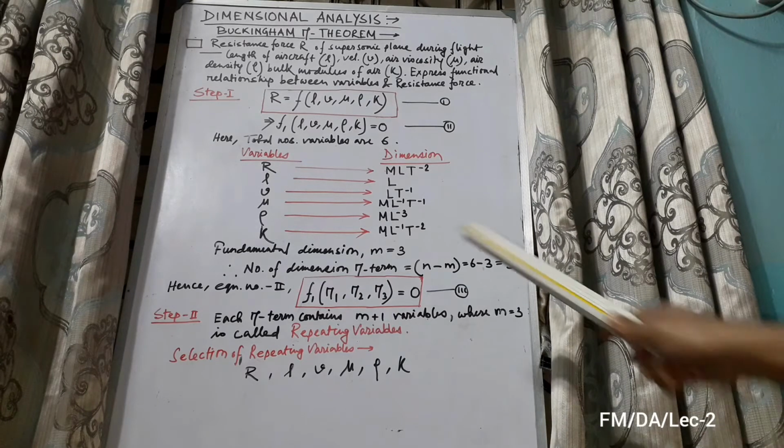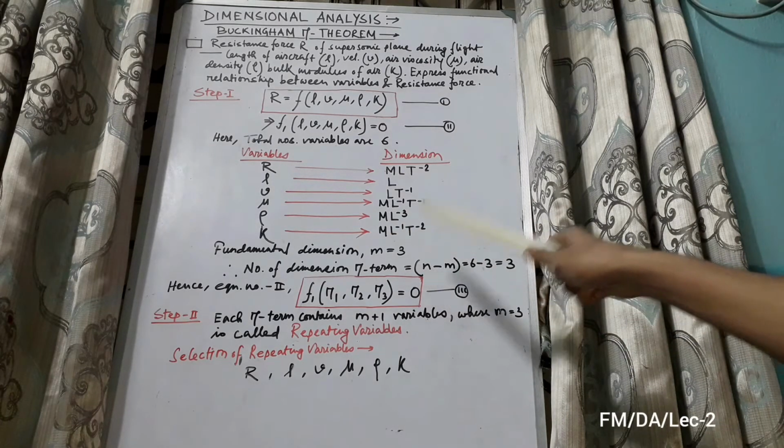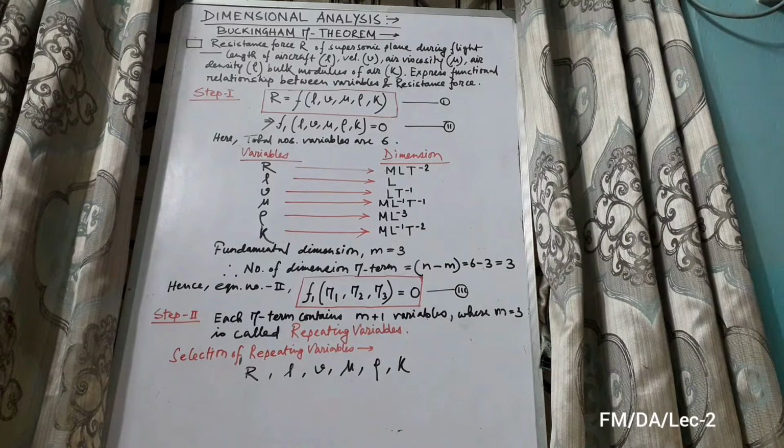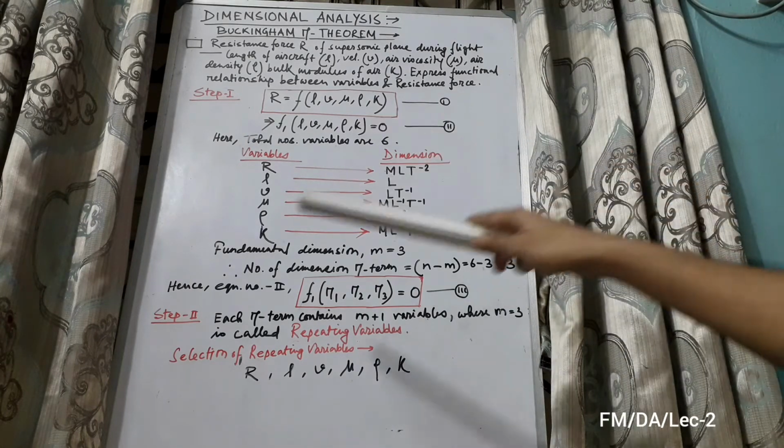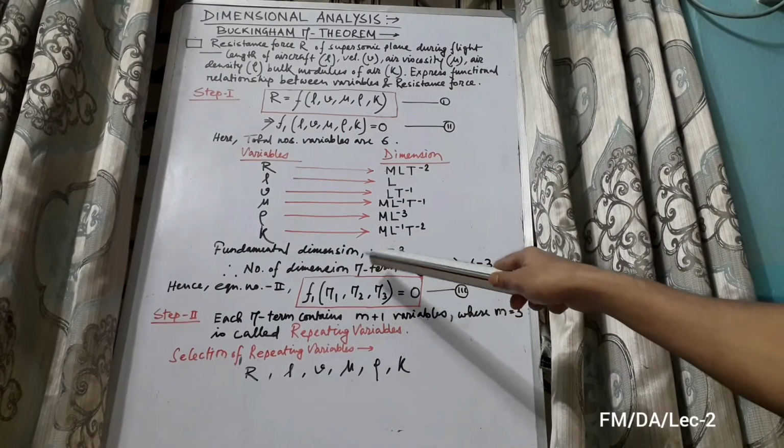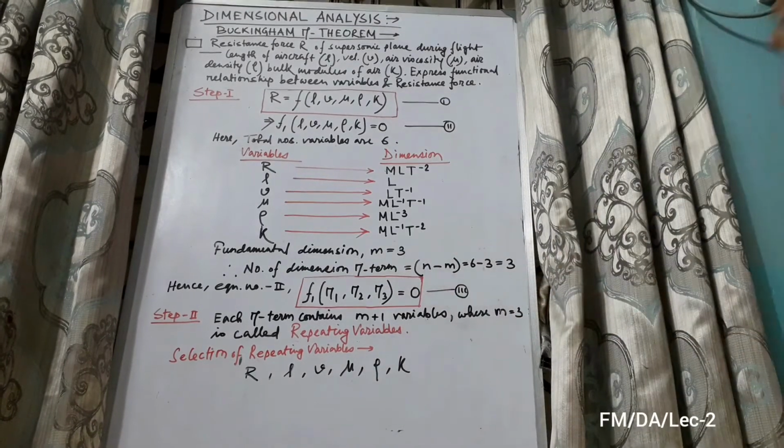K equals M L inverse T inverse 2. So these are the dimensions of these variables. The total number of fundamental dimensions is 3, that is M, L and T. So fundamental dimensions m equals 3.